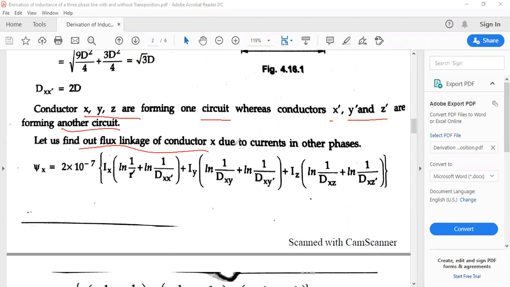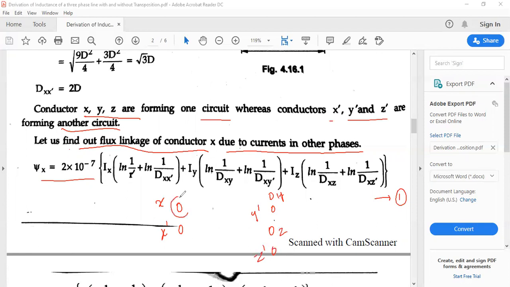Let us find the flux linkage of the conductor due to the current in other phases. Let me tell you how to write this equation 1. Here x and x dash, this is x dash, this is y dash, this is z dash.